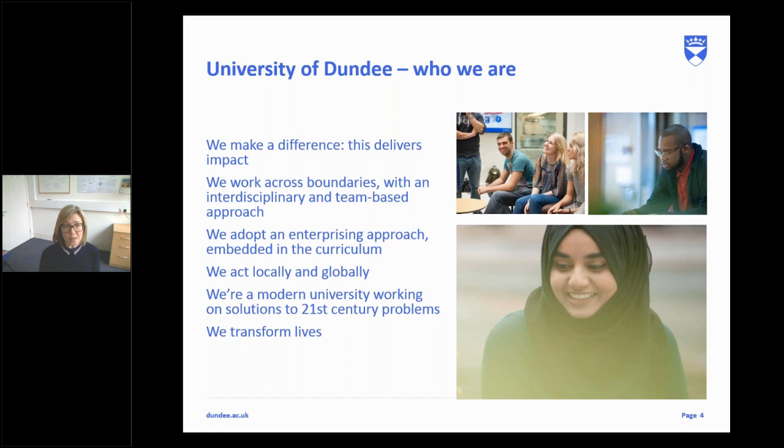We adopt that enterprising approach, and that comes through within the curriculum that you are studying. We act locally and globally. We have students around the world as well as here in Dundee. And we hope to transform lives and prepare you for working towards those 21st century problems.